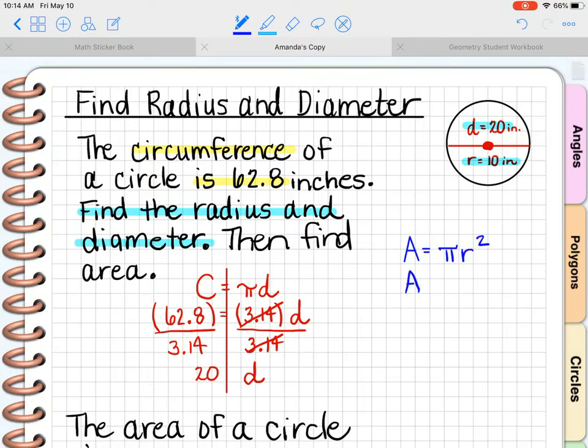So A, that's what we're looking for. We know pi, our good friend pi is constant. And then what do you want me to put for the r? Be very careful here. The formula requires R. And if you look up at our picture, you can see that R is 10.